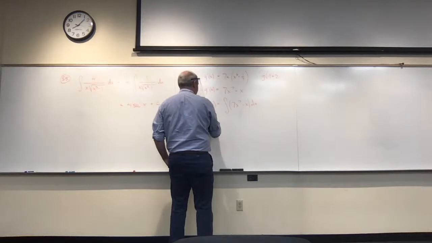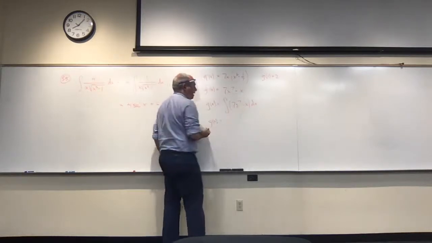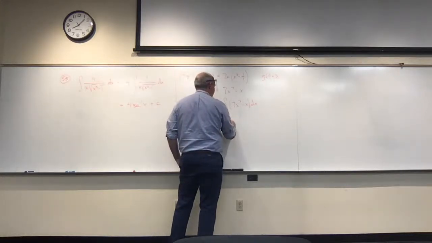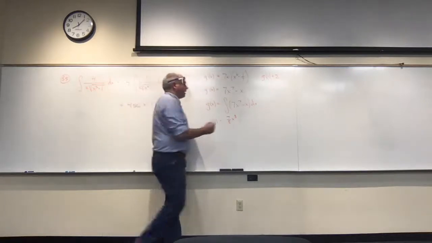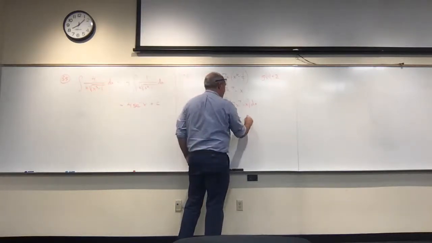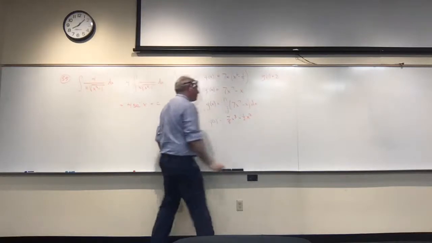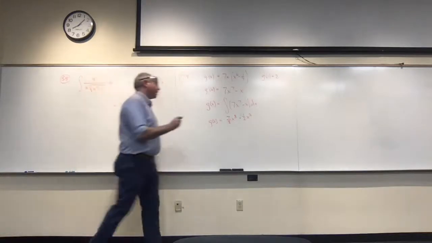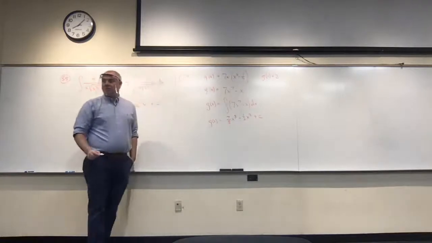I bump up the power by 1 and divide by the new power. So I get 7/8 x to the 8th. Then I bump up the power on this one, that would be x squared divided by 2, so minus 1/2 x squared plus some constant of integration.